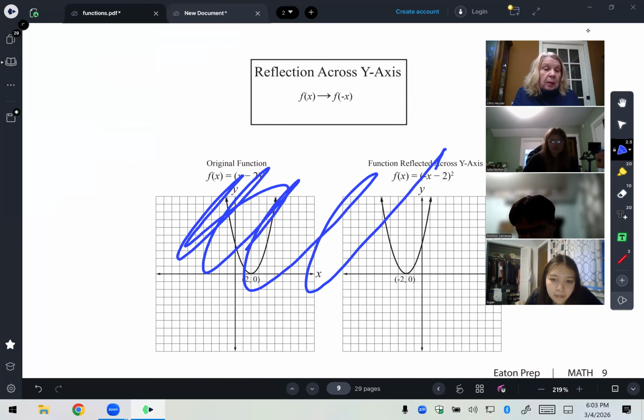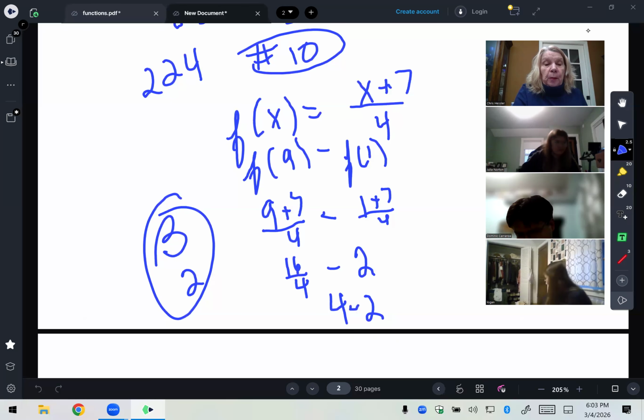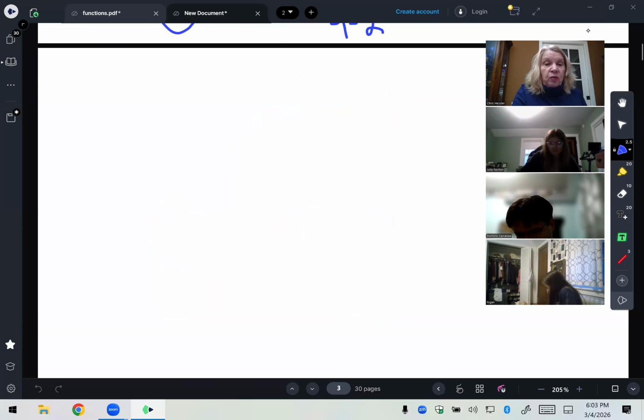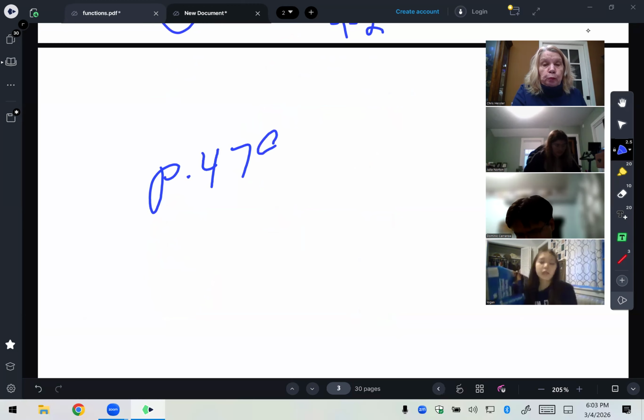Let's try a book problem, just so we're keeping in touch with the book. So if we have page 479, and we're going to number 14.